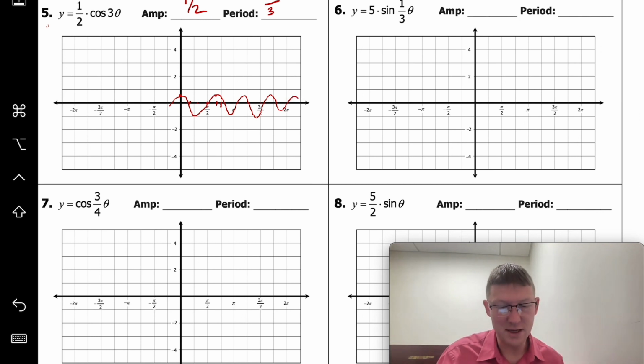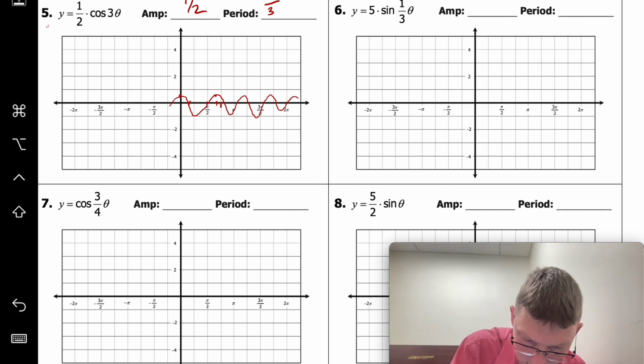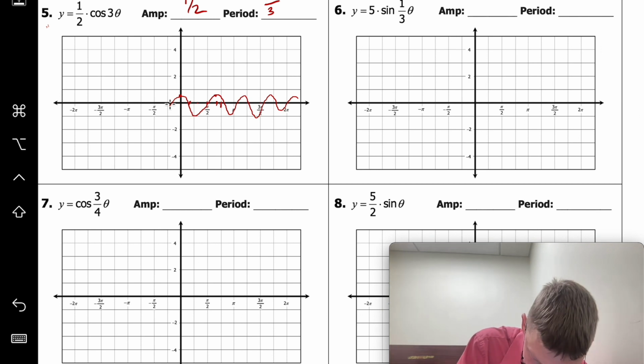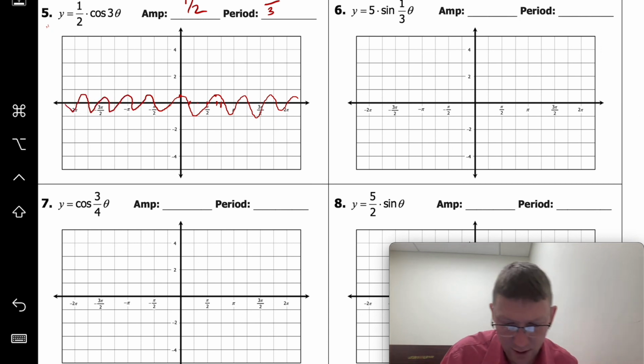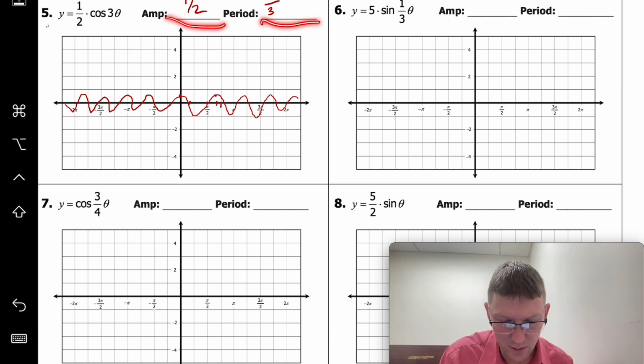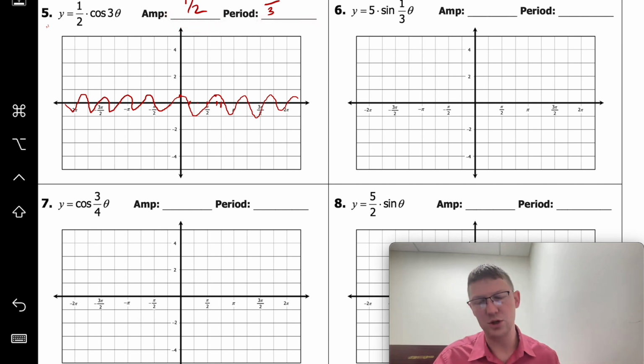Obviously, my graph is not to scale. It's not the best because this should have only gone down to 1/2, but that's okay. So as long as your graph is close and you have your amplitude and period identified, you should be okay.